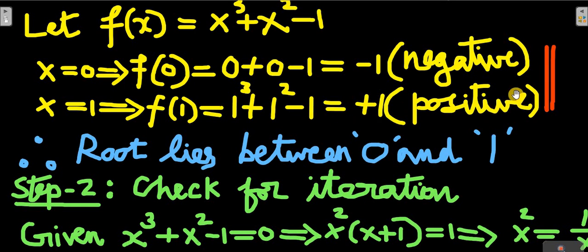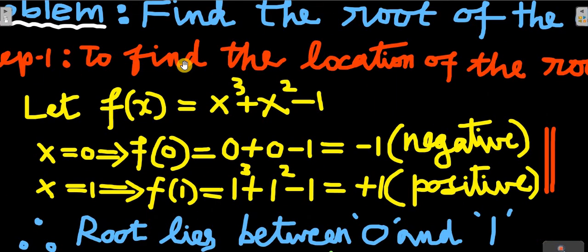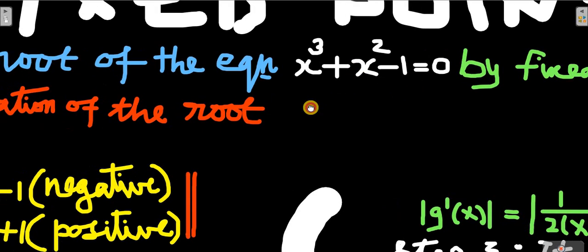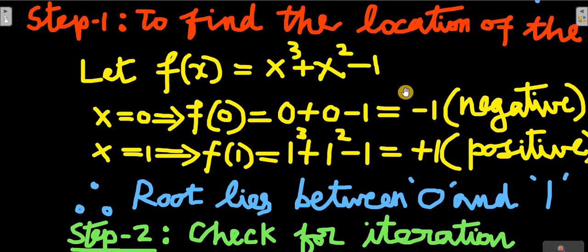So we have identified that the root of the given equation lies between 0 and 1. Because if you take some value between 0 and 1, f gets 0, and that will become the root of the equation. So this is the first step in this method, to find the location of the root. The given equation is x cubed plus x squared minus 1 equals 0, which we change into the polynomial f of x equals x cubed plus x squared minus 1.